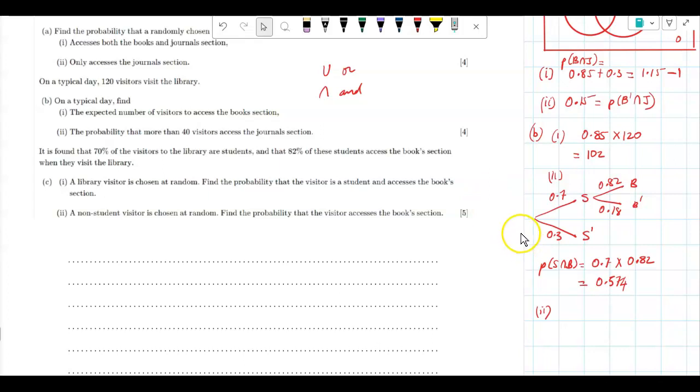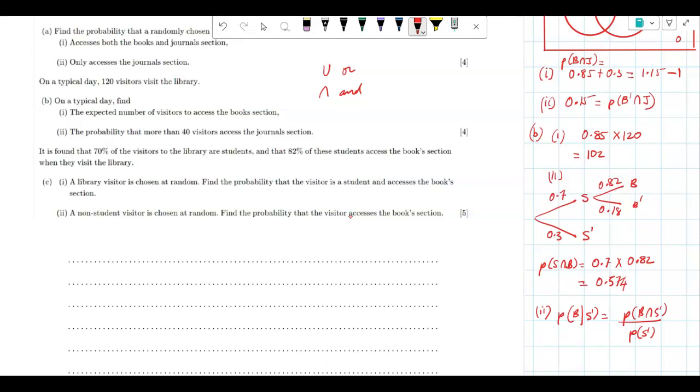That's not student, so 0.3. It is the probability that he accesses the book section given that he is not a student. This is what you have to do. So book section and not a student, upon the probability of not a student.